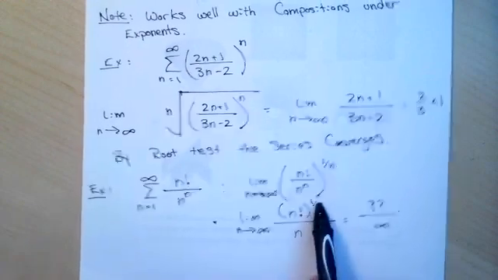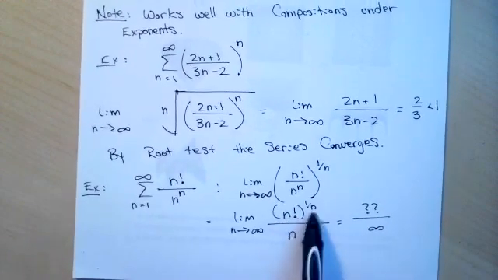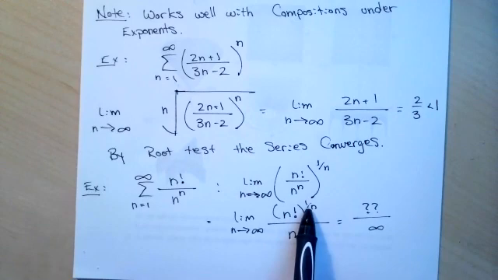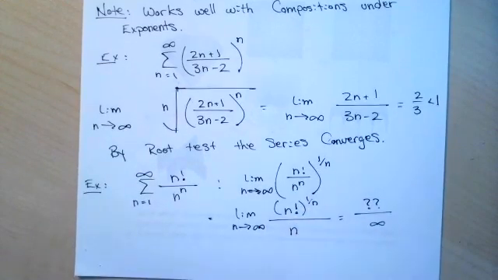So I don't know what this limit is. It's going to be an infinity to the 0, and we don't have a tool for really working with that. We could try to take a natural log, but then I've got a natural log of n factorial, and then how do we work with that? It gets a little complicated.